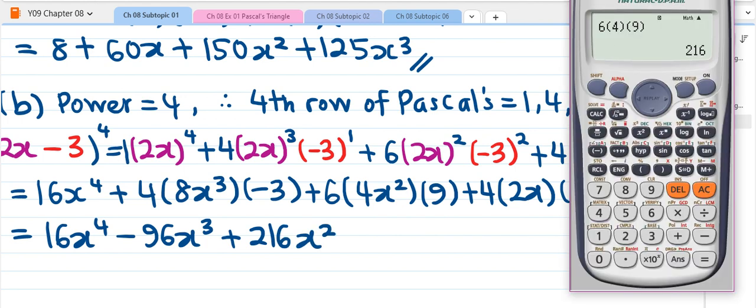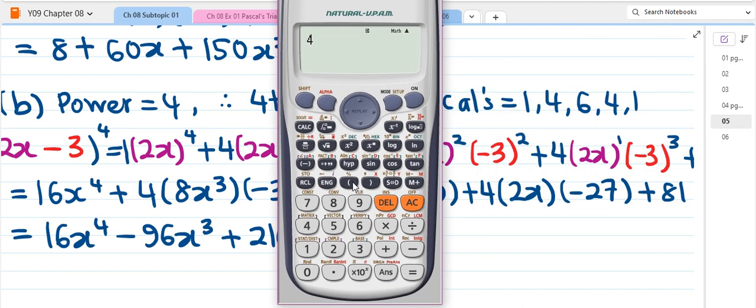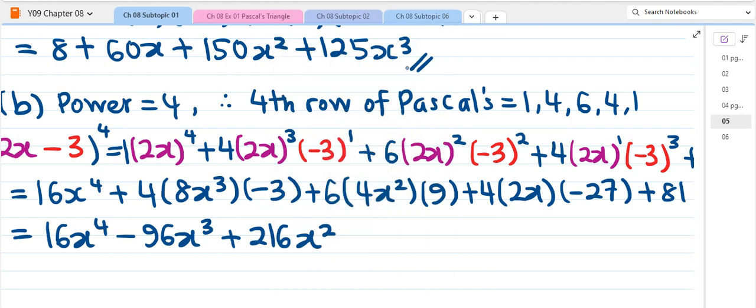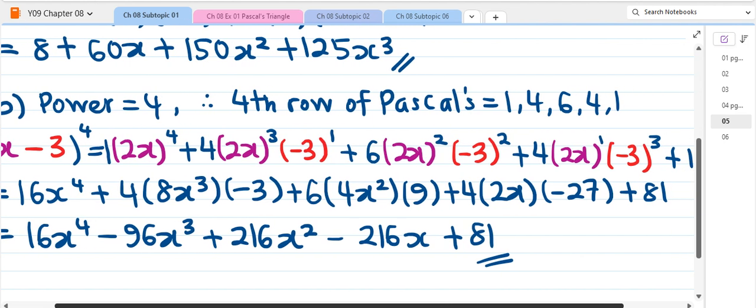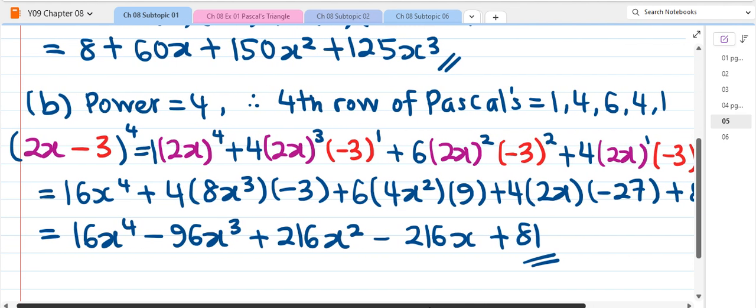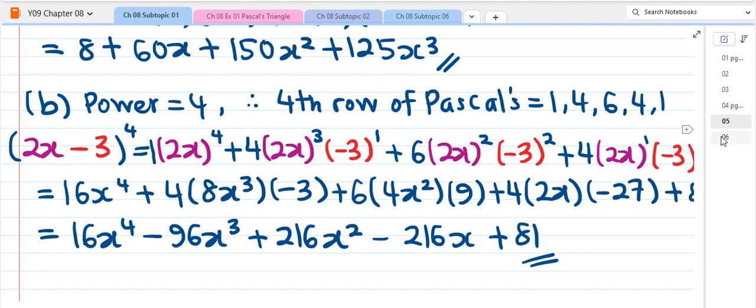And the next one is 4 times 2 times negative 27, so this one is negative 216 also, and x to the power of 1. And last but not least, plus 81. So this is the expansion for part B, which is (2x - 3) to the power of 4. Alright, so let's move on to the next example.